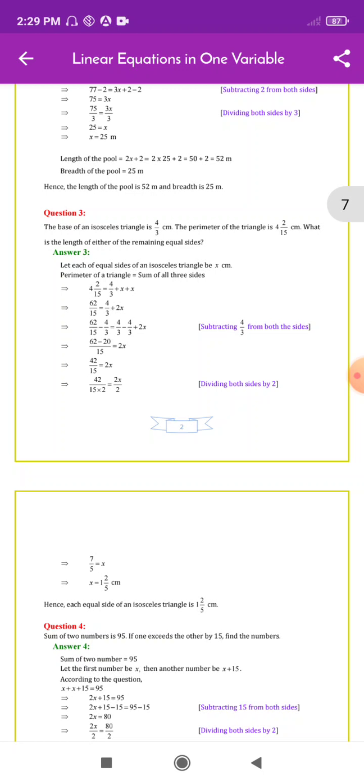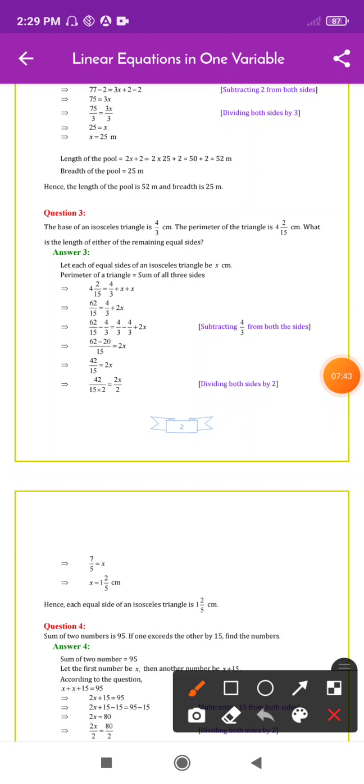So 62 upon 15 minus 4 upon 3 equals 4 upon 3 minus 4 upon 3 plus 2x. Minus 4 upon 3 and plus 4 upon 3 will give 0. Now see, we have to take the LCM of 15 and 3, which is given here. See in the question only, this one 15 and 3, we have to take the LCM. So LCM will be 15 only, this will become 62 upon 15.